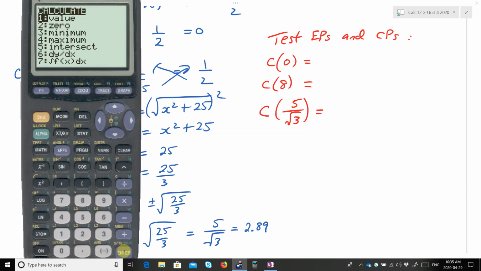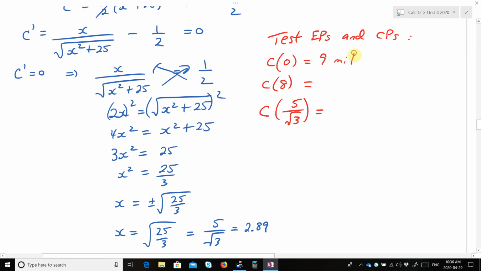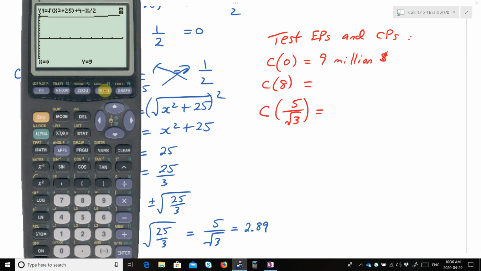Okay, so what is the cost when x is 0? So that means just going straight perpendicularly to the shoreline and then along the shoreline. We get a cost of 9. Remember, that's in millions of dollars. $9 million. Cost of x being 8, so going straight underwater to point B is $9.4 million.